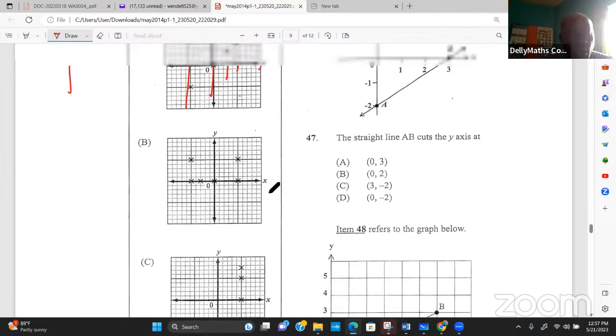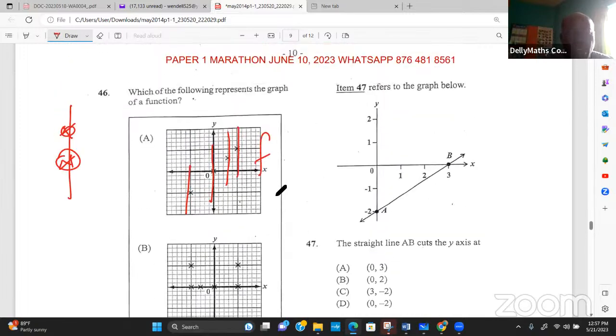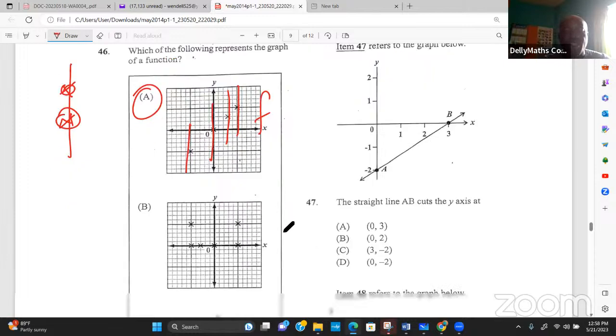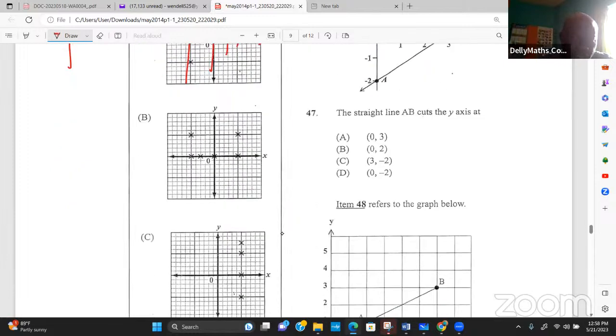All right, but what was the question? Which of the following represents a function? I guess this is the answer, because this is a function. I could show you why the others will not be a function. Look, if I draw this vertical line, it's going to touch 2 there already. I don't even have to check this one. Understand? The moment it touches 2 in the same diagram, then it's not a function.